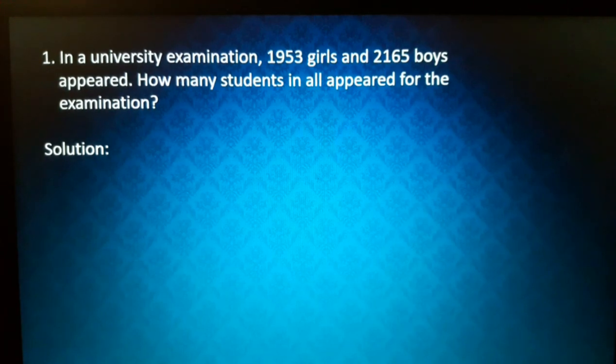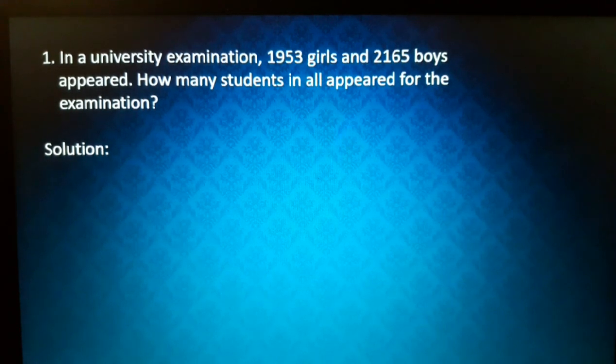How many girls are there? 1953 girls and 2165 boys. So how many boys are there? 2165 boys appeared, means they sat for the exam. How many students in all appeared for the examination? So you have to find out the total number of students who appeared, who sat for the examination.